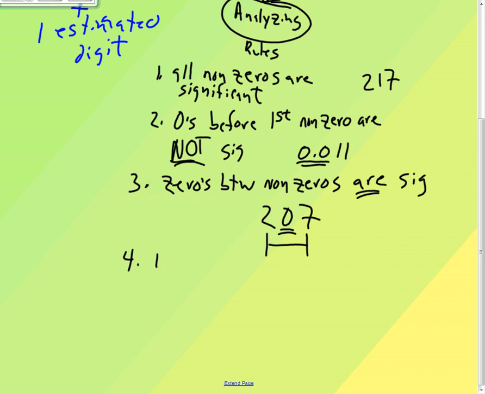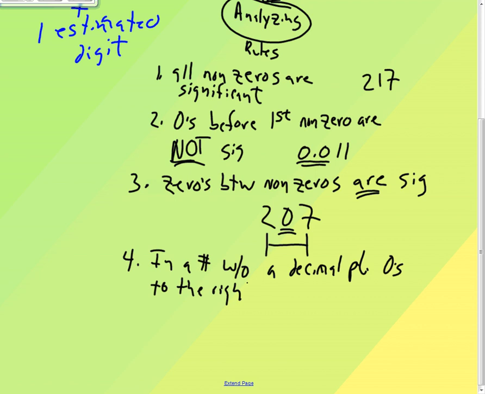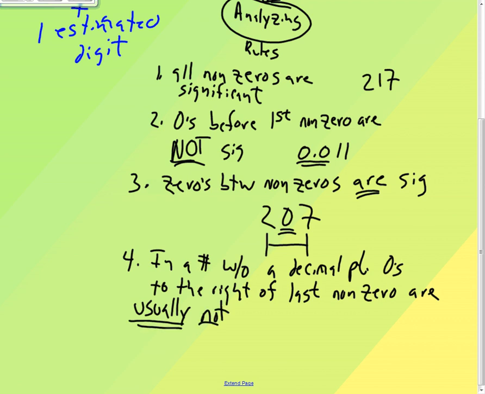I'm going to state it this way: in a number without a decimal point, zeros to the right of the last non-zero are, and I have to be careful here because some people say this differently, usually not significant.